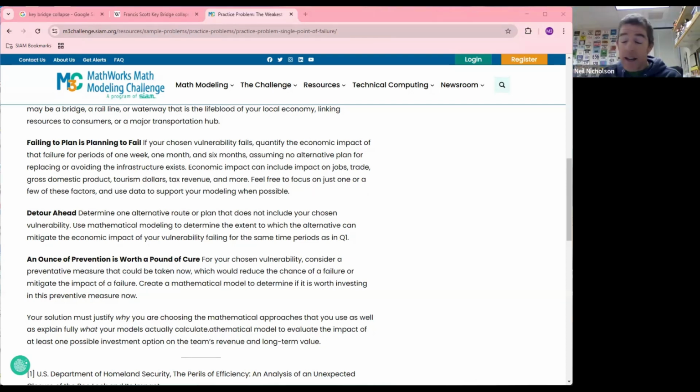Exactly. Suppose you've got a supplier of food on one side of the bridge, and they can't get food to the other side. For that first week, grocery stores have enough food to provide the town, but after the second week the food starts to dwindle. So it's a small impact for 1 week, but after a month or 6 months with no alternative plan, this becomes a major issue.